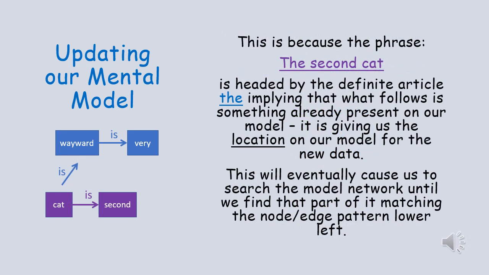This is because the phrase, "the second cat," is headed by the definite article "the," implying that what follows is something already present on our model. This is giving us the location on our model for the new data. This will eventually cause us to search the model network until we find that part of it matching the node edge pattern shown to the lower left.